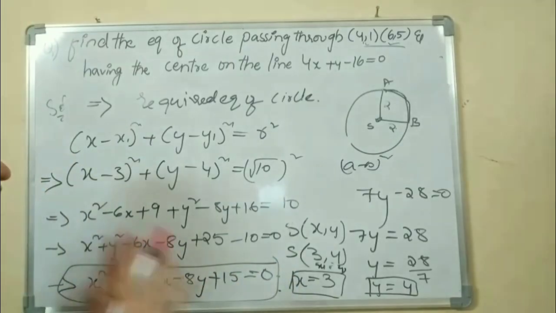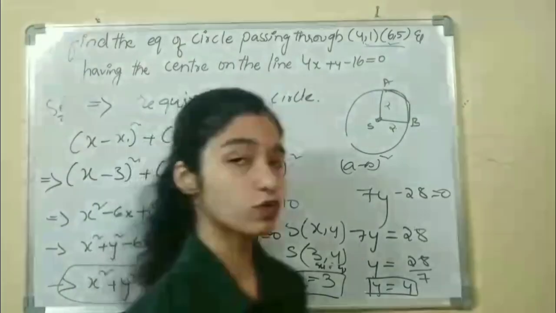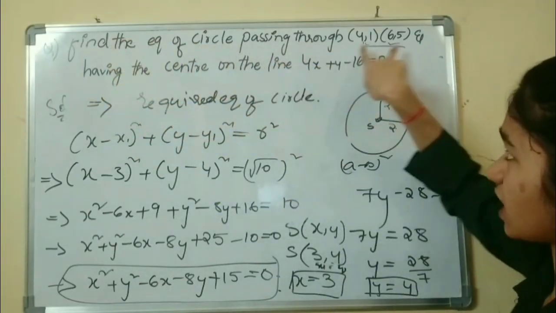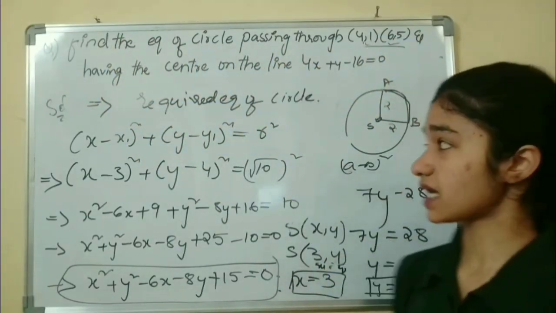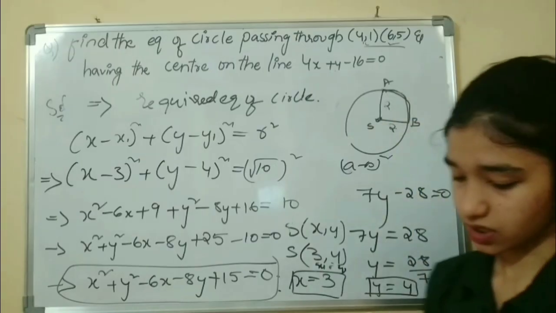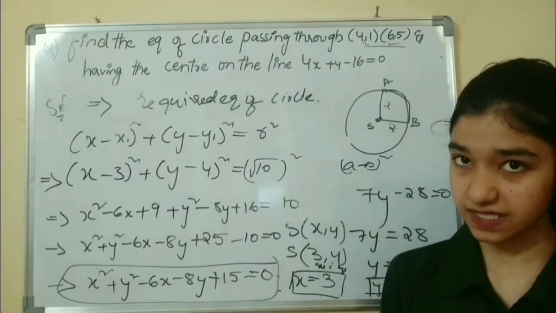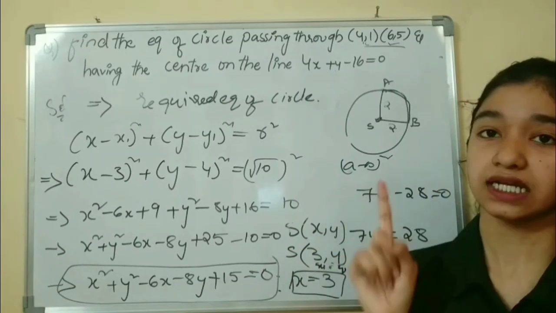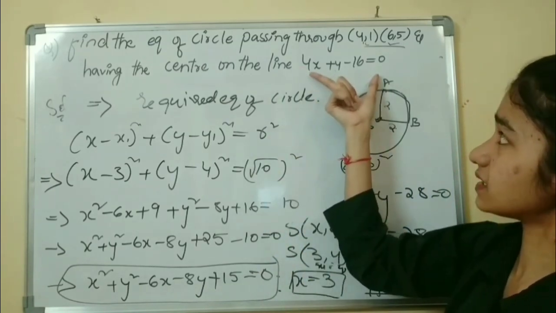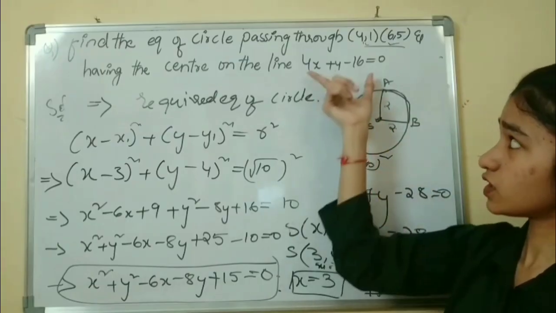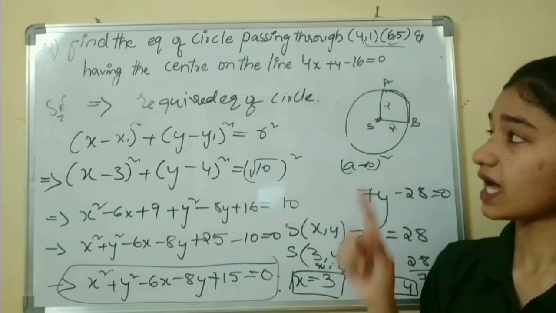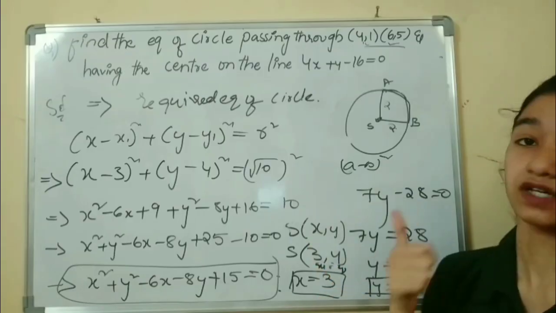So let me give you the overview of the sum. First, what we had were 2 points. As I have already explained, the distance from the center to these points is equal, so we solve SA equals SB, and we get one equation for that. The center lies on a linear equation, so we took this as equation 2 and solved it, and we got the value of x.